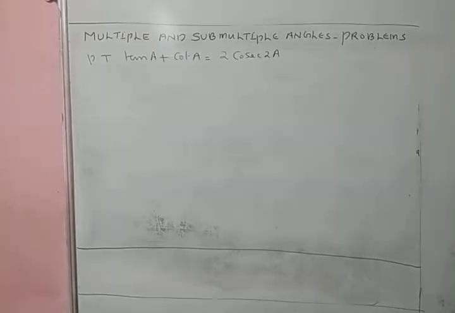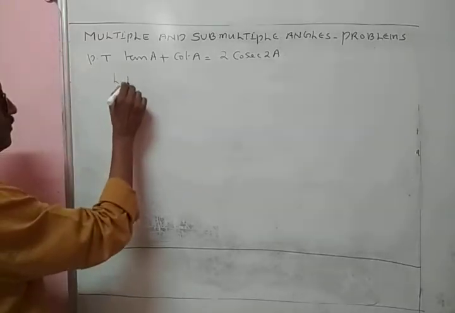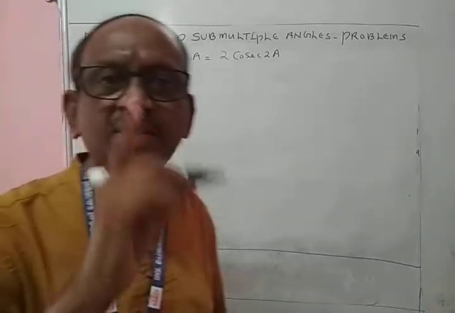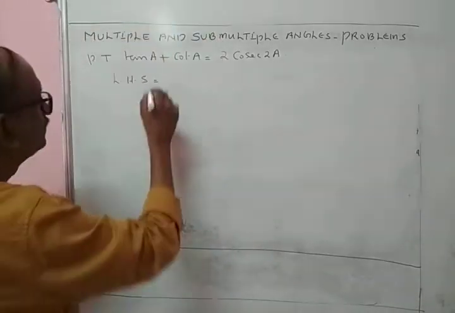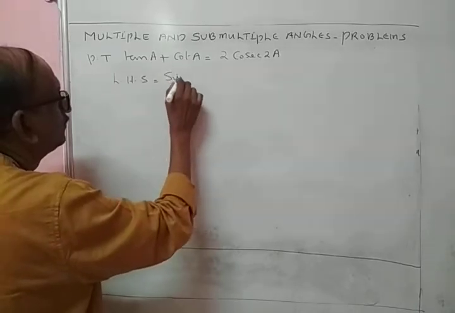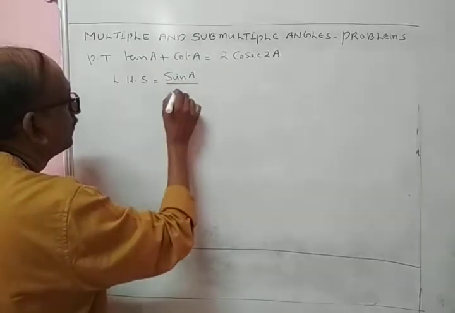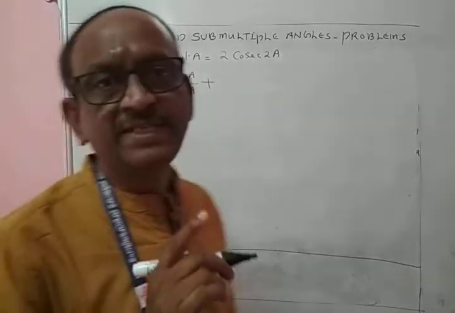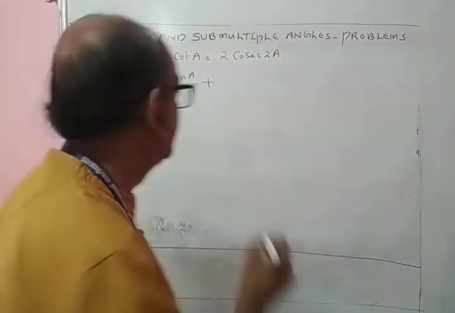Next problem, prove that tan a plus cot a is equal to 2 cosec 2a. Take the left hand side. Tan a is same as sin a by cos a, plus cot a is same as cos a by sin a.